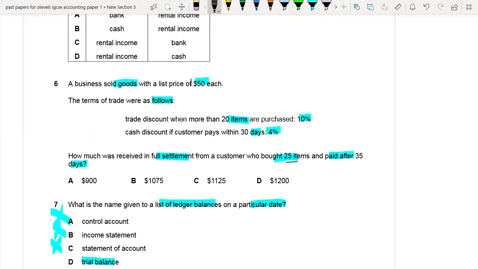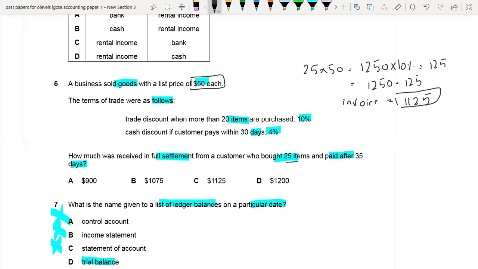Each good was $50, so 25 multiplied by 50 would be 1250. Now multiply it by 10%, which is the trade discount. This gives you the trade discount, which is 125. Now deduct 125 from this amount. So we have to give an invoice of 1125.